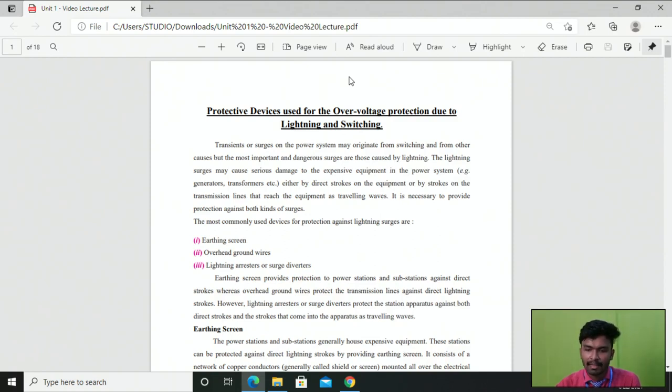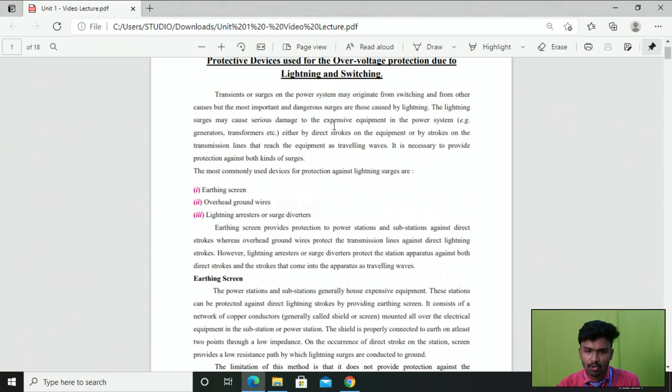It is necessary to provide protection against both kinds of surges, the overvoltage created due to lightning and the overvoltage created due to switching. Our aim in this topic is to provide protection to the electrical apparatus in the power system against lightning as well as switching.